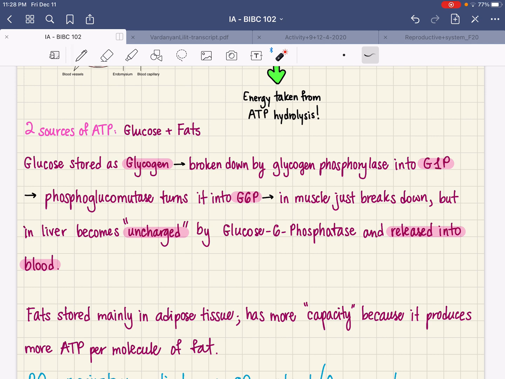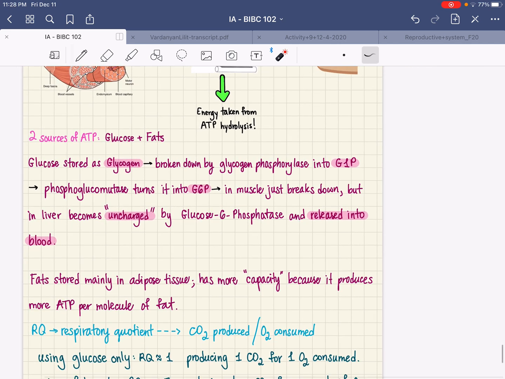Basically, the liver has the enzyme glucose 6-phosphatase, which is able to take the phosphate off of the glucose. Okay, and now glucose is uncharged, and it is able to be released into the blood and go to other cells. That is why liver is the giver.